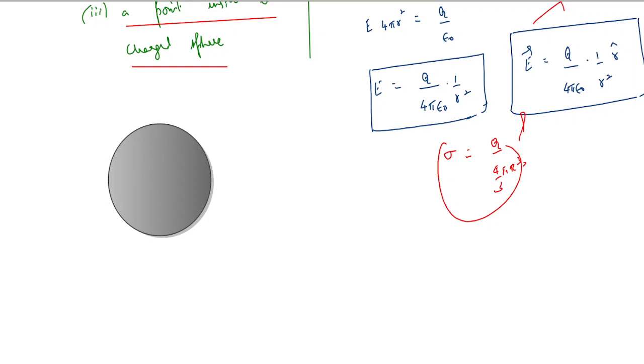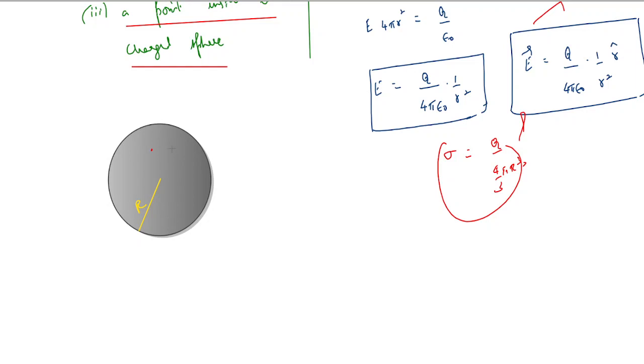It has charge everywhere inside it. So let its radius, as defined earlier, be capital R. So from here to here it will be capital R. Now we need to find the electric field at a point inside the sphere. So let that point be A. The point is A.